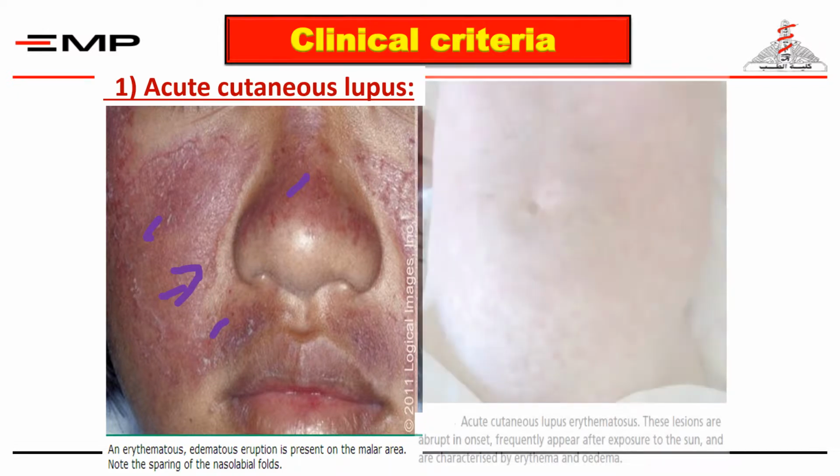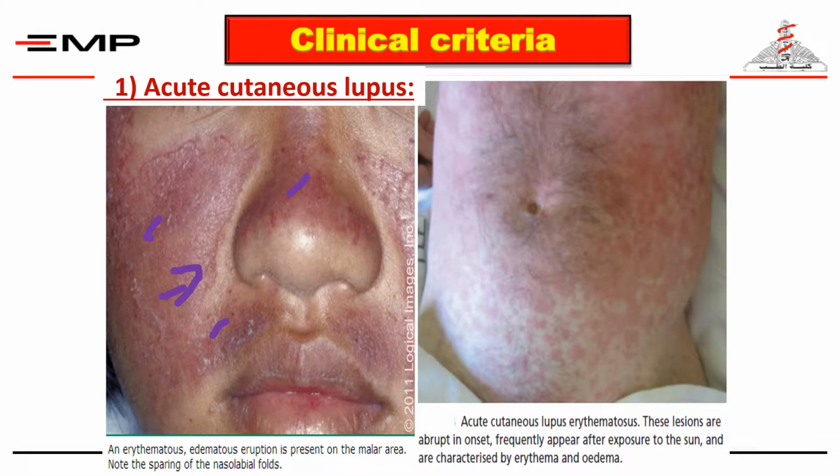This is characteristic, and it can also occur in the abdomen and the trunk, and the lesions have abrupt onset and frequently appear after exposure to the sun with erythema and edema.